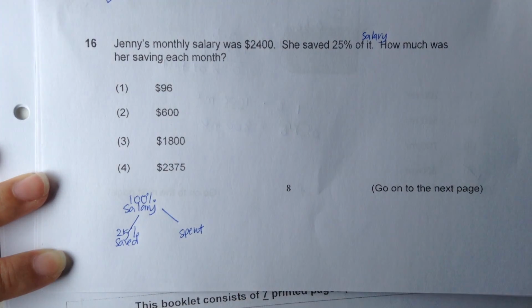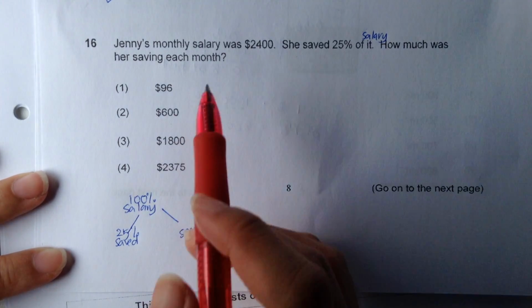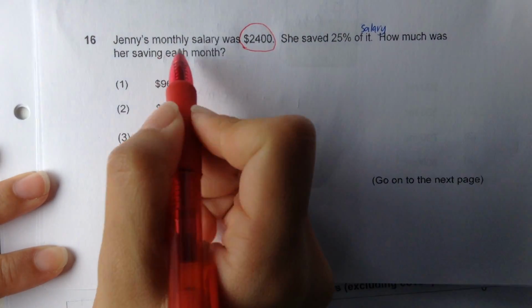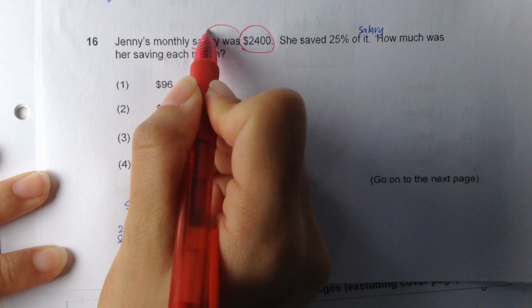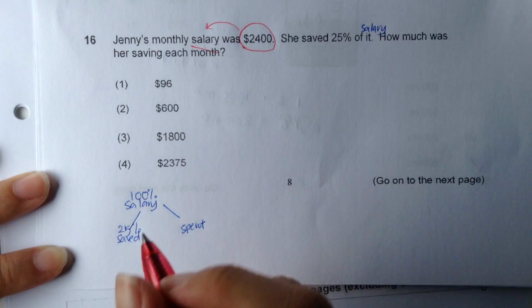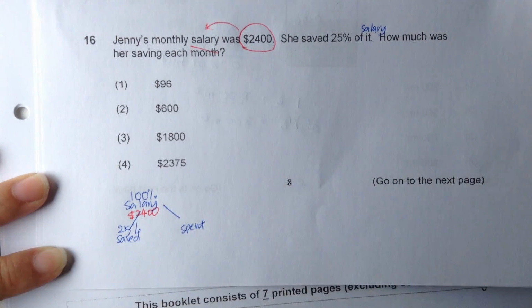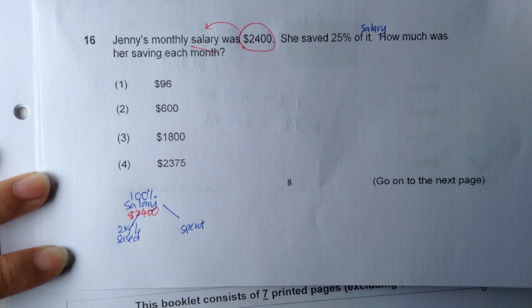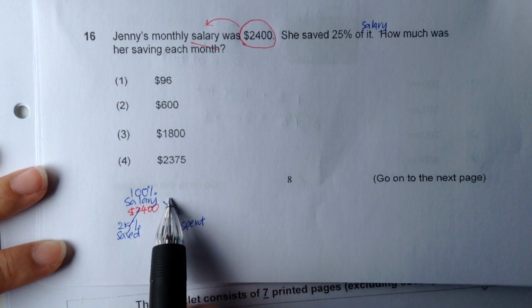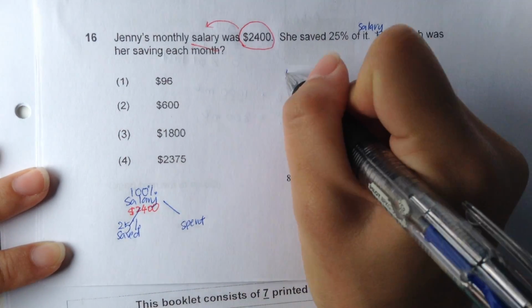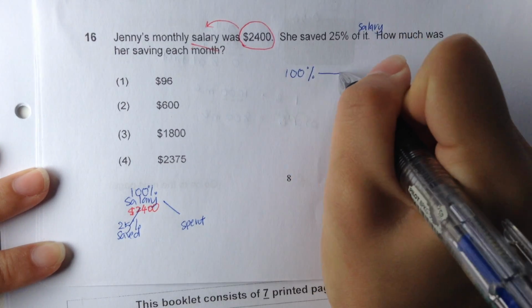You don't know. The number 2,400 is given. It is her salary. So I put 2,400 here. Where the number is, I begin. So the number 2,400 is at 100%. So I start.